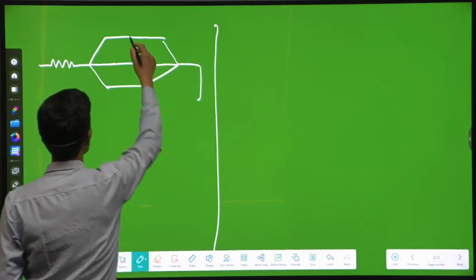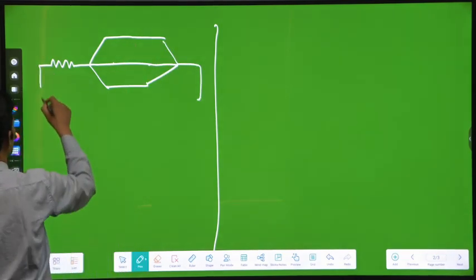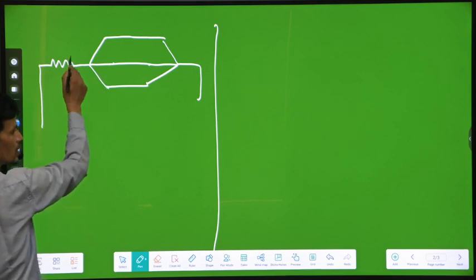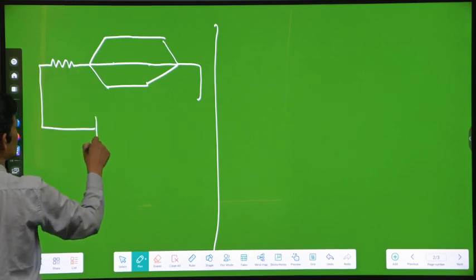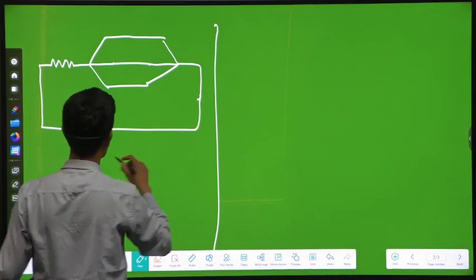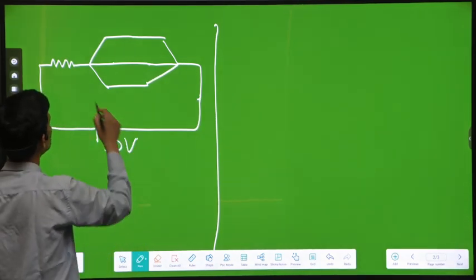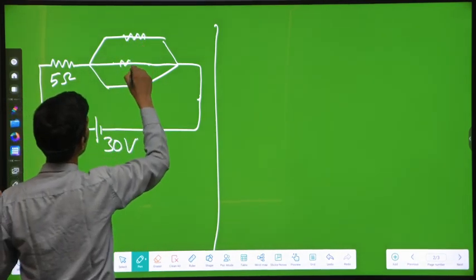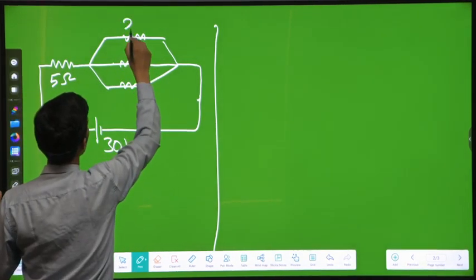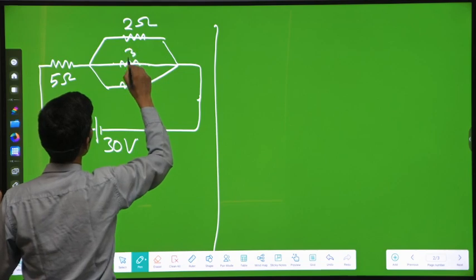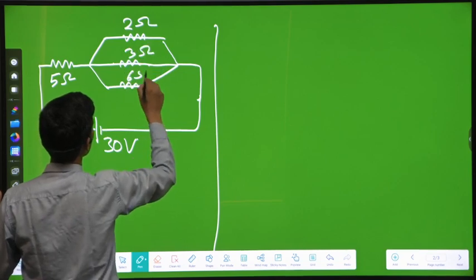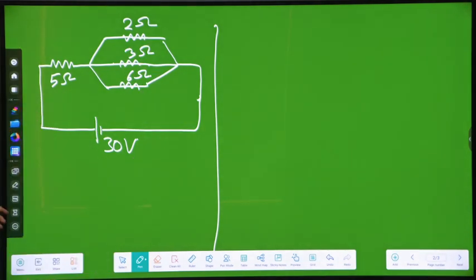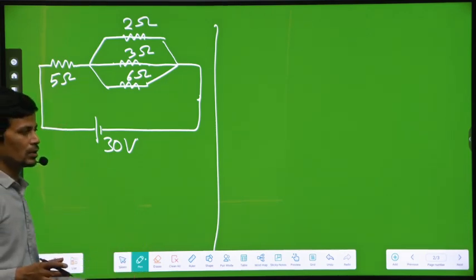It is quite obvious that all these three are in parallel, and they are in series with this one. 30 volt, 5 ohm, 2 ohm, 3 ohm, 6 ohm. So let us suppose this is the question.